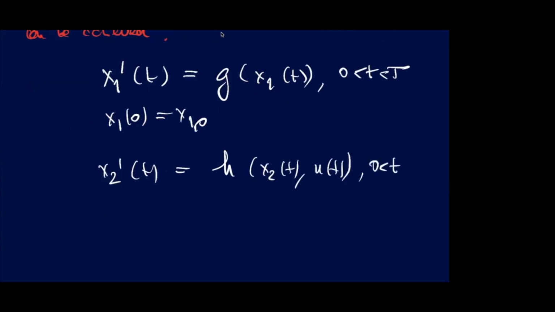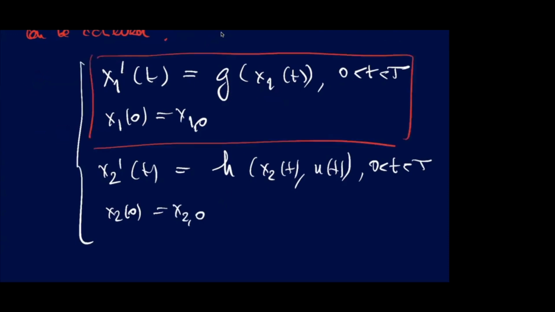Then whatever you do, regardless of how big you take K and how sophisticated and large is the control, you can do whatever you wish on X2, but you will never succeed on controlling X1.